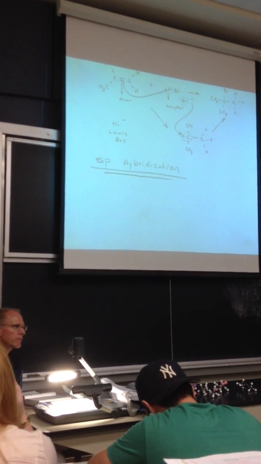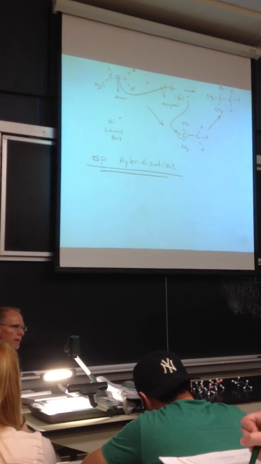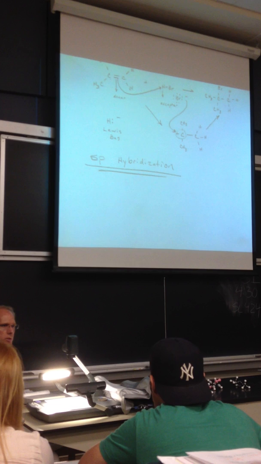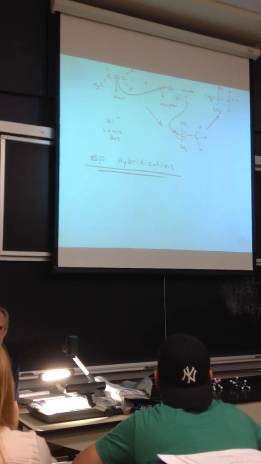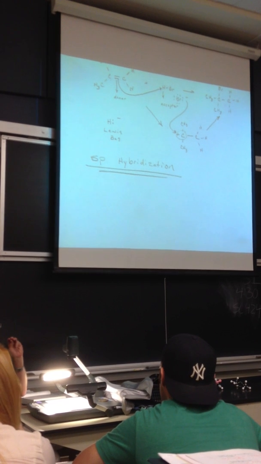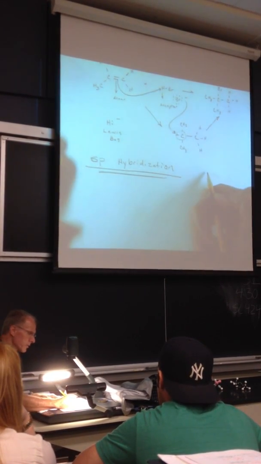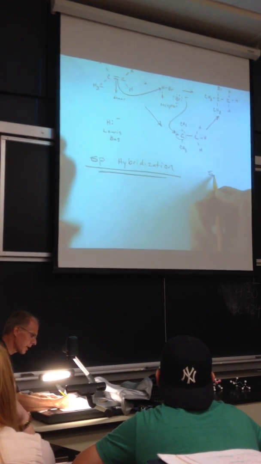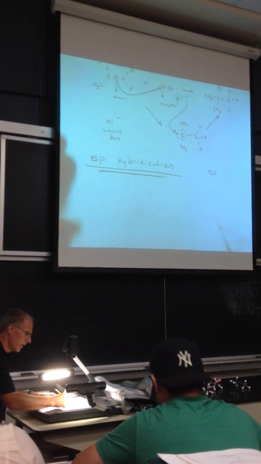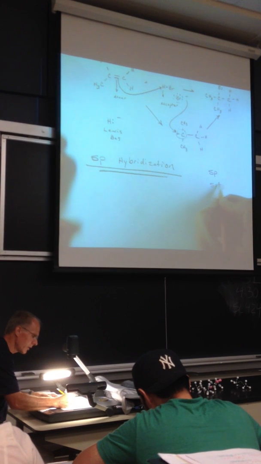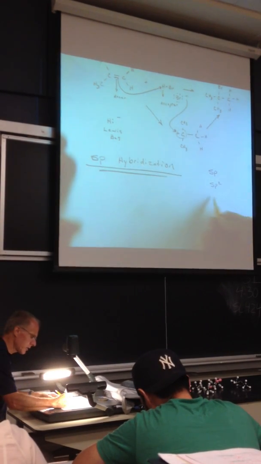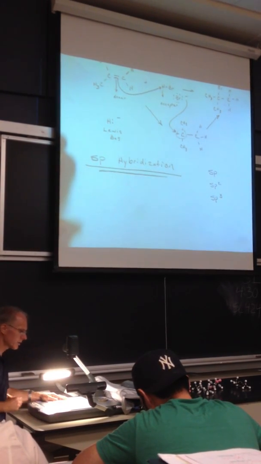And hybridization for organic chemistry is a little bit easier actually than inorganic chemistry because we don't worry about d orbitals. We only worry about s and p hybridization. So there are only 3 forms of hybridization for organic chemists that we're mostly involved with. That is your sp hybridization, your sp2 hybridization and your sp3 hybridization.